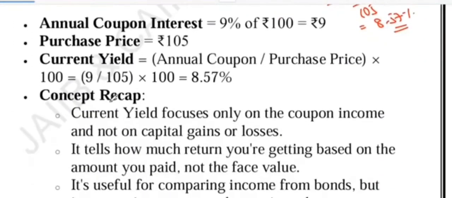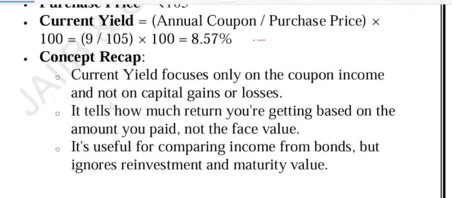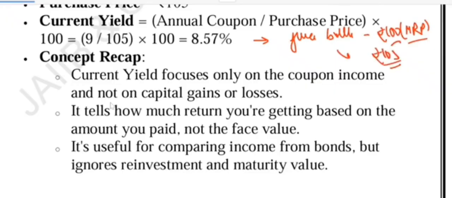Let me give you one example to make this concept clearer so that you can remember the formula for lifetime. Imagine that you buy a juice bottle worth rupees 100. This is the MRP, but you pay rupees 105 for it, right?